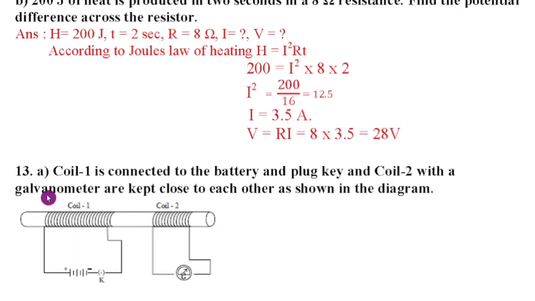13th question. Coil 1 is connected to the battery and plug key, and coil 2 with the galvanometer are kept close to each other as shown in the diagram.